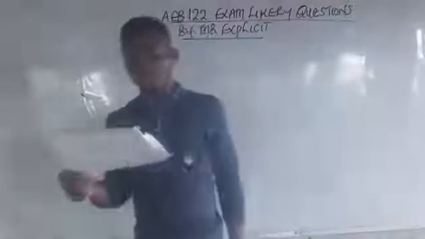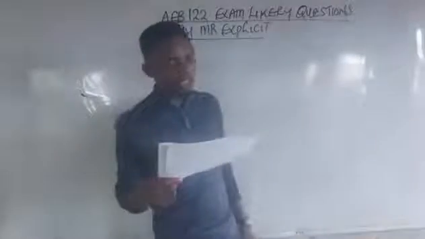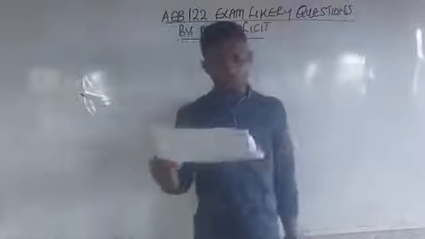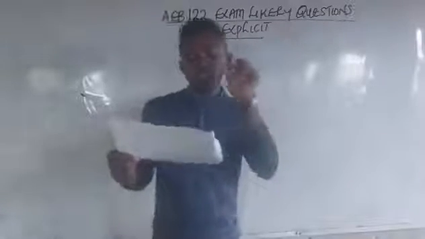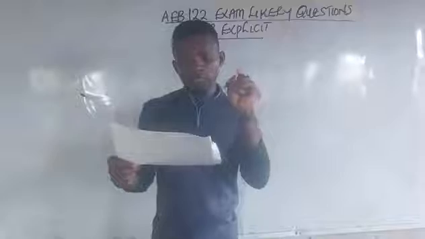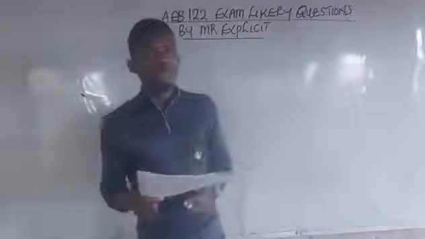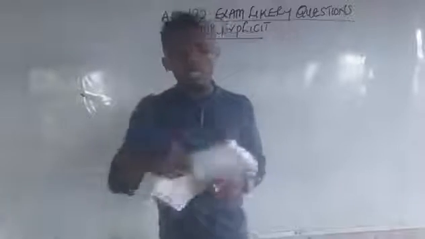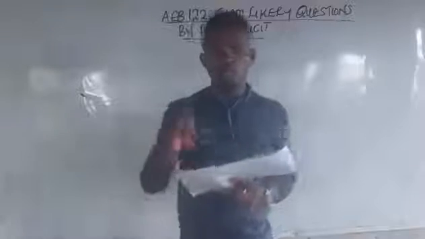Number 14. Protein contains about dash specific kinds of dash linked together by dash. So protein contains about 20 specific kinds of amino acid. The end product of protein digestion is amino acid, and this amino acid is deaminated by the liver to form urea.